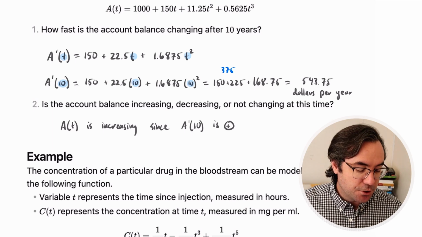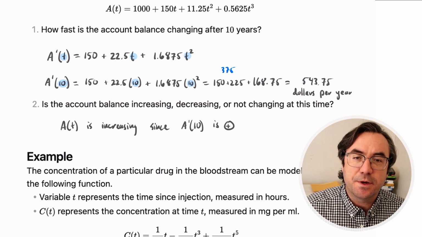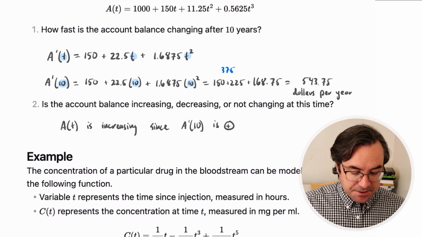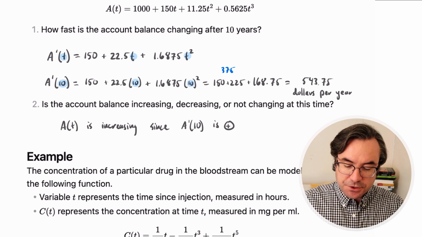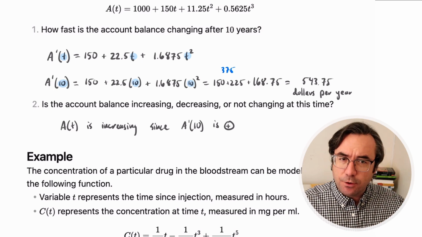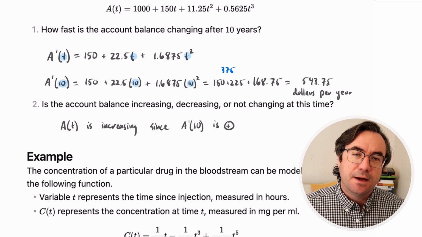A way to interpret what this 543.75 is telling us: we have our account balance, our money's sitting in our account and it's growing over time, apparently. So our account balance is increasing.